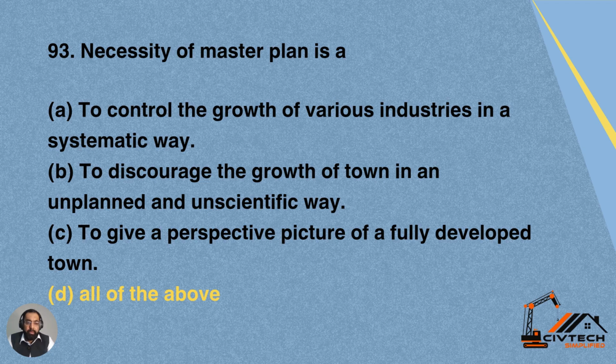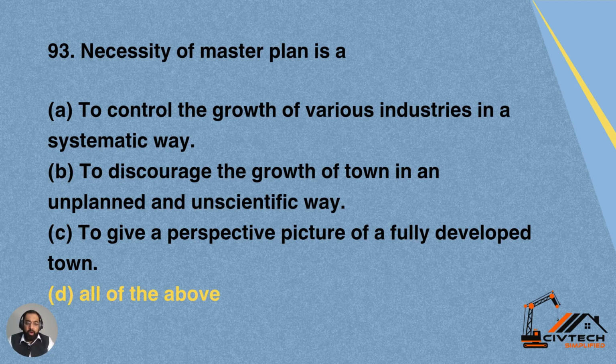Question 93. Necessity of master plan is a... Why do we do master planning? Number A, to control the growth of various industries in a systematic way. We bound the industries to be within their demarcated area within the town. So that's why we do master planning. Number B, to discourage the growth of town in an unplanned and unscientific way. So this is also the second requirement or necessity why we do master planning.